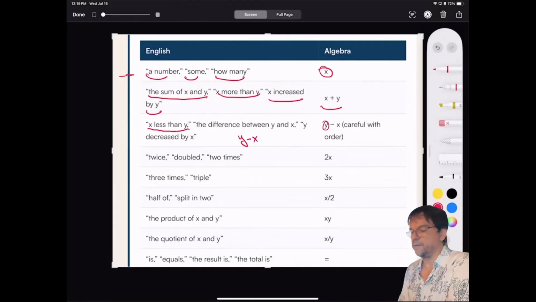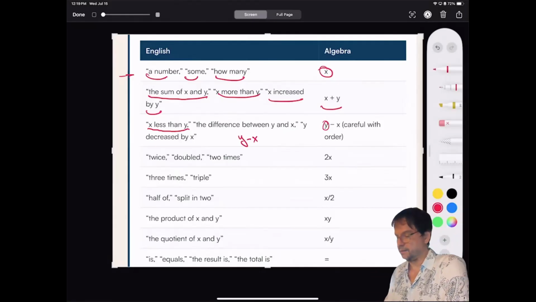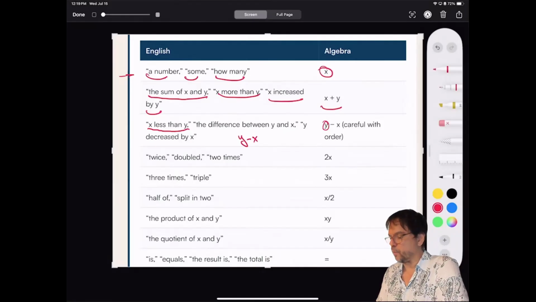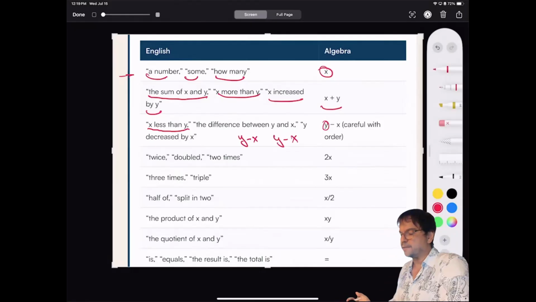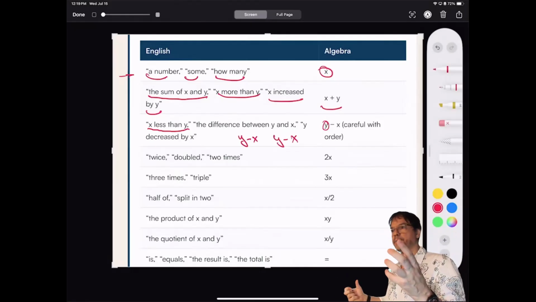Okay, so x less than y. Okay, the difference between y and x, so y minus x, and y decreased by x, so you get x and decrease y.